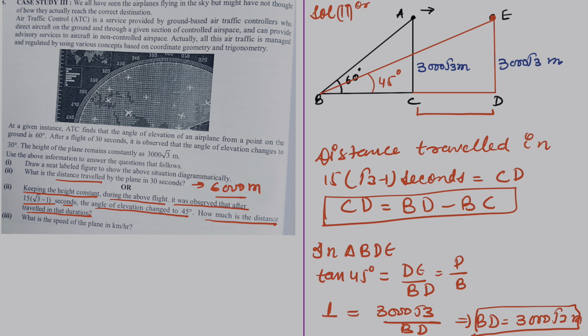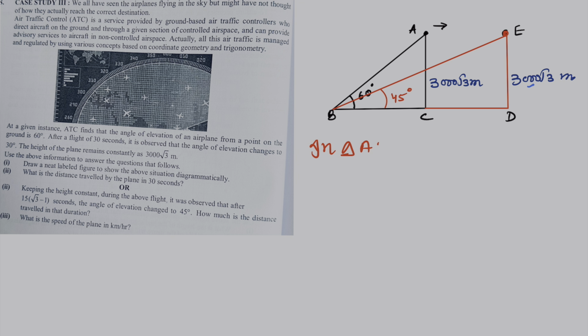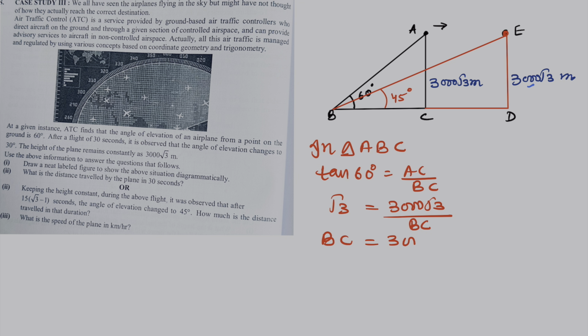Okay. Now next what we have to find is BC. For BC we will use the triangle ABC. In triangle ABC we know that tan 60 degrees equals AC by BC. Tan 60 is root 3, equals AC, which is 3000 root 3, upon BC. So from here we can write that BC equals 3000 root 3 by root 3. Root 3 will cancel root 3, so we will get BC equals 3000.